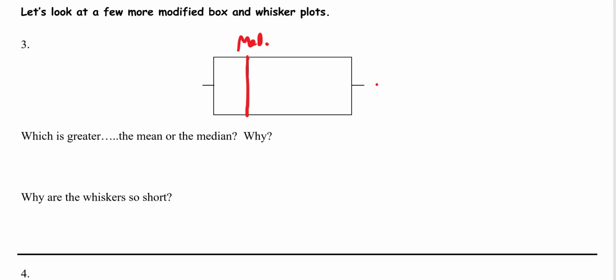So which one's greater? Here's the deal. This range right here, I'm going to put this in blue, is so big, of greater numbers greater than the median, that it's pulling all the data to the right as far as finding the mean. So the mean is going to be somewhere over here because of that big range pulling it over. So you're going to say, in this case, the mean is greater.